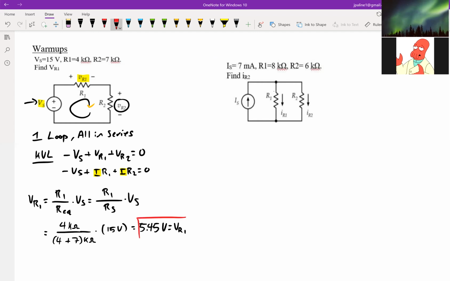Okay, and as a quick practice, you can do VR2 as well, which would be R2 over 4 plus 7 kilo ohms times 15 volts, where R of 2 is just 7 kilo ohms.